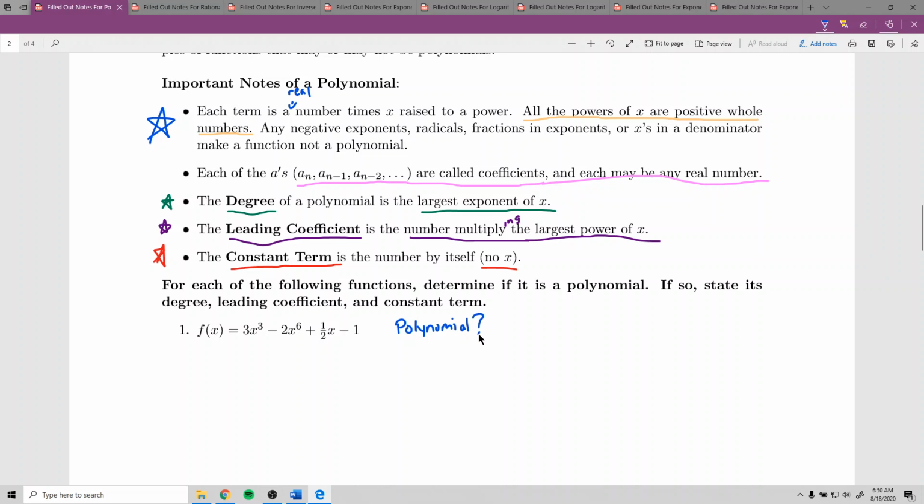Well, what we're looking for is whether every term is a number times x raised to a positive whole number power, or without an x, we can also have just a number.